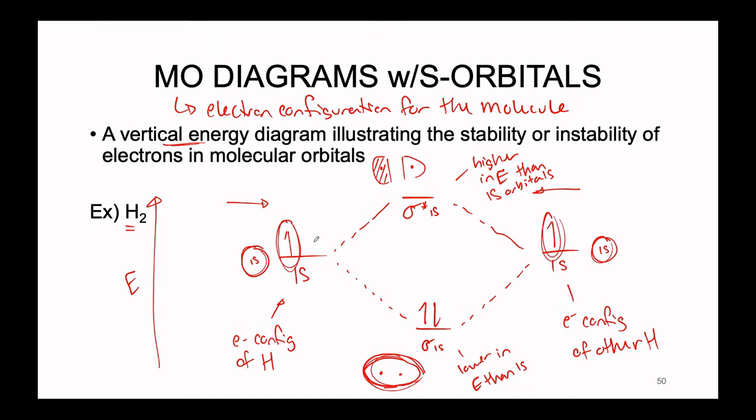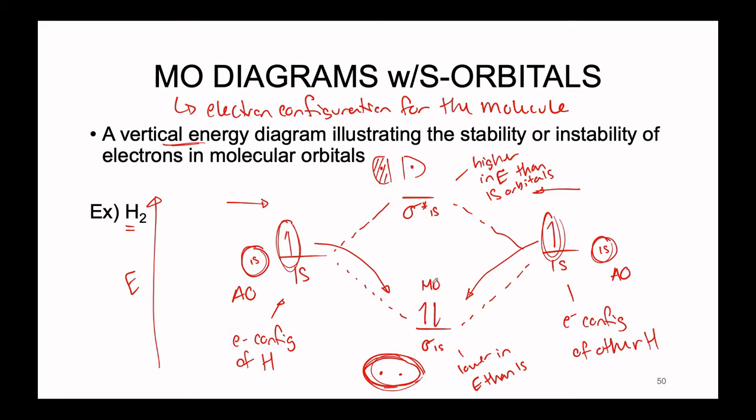In other words, we're taking the 1s orbital electron from the left, funneling it down, and we're going to take the 1s orbital electron from the right and also funnel it down. So the two electrons in the center of this diagram are the same as the ones that were on the outside. They've just moved from the atomic orbitals on the left and the right into the molecular orbital here in the center.